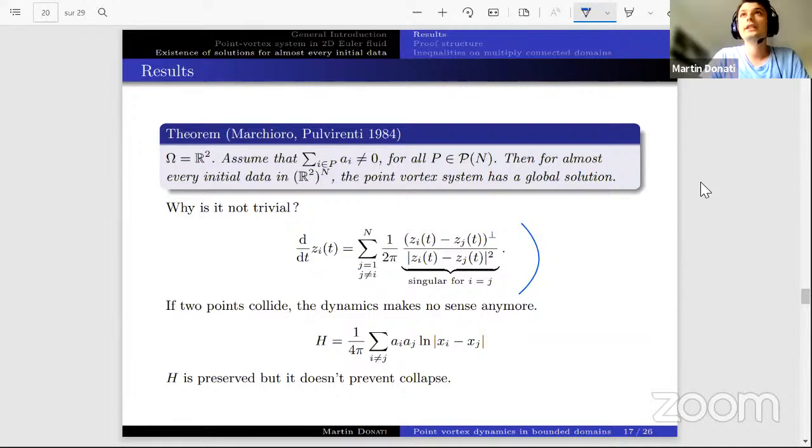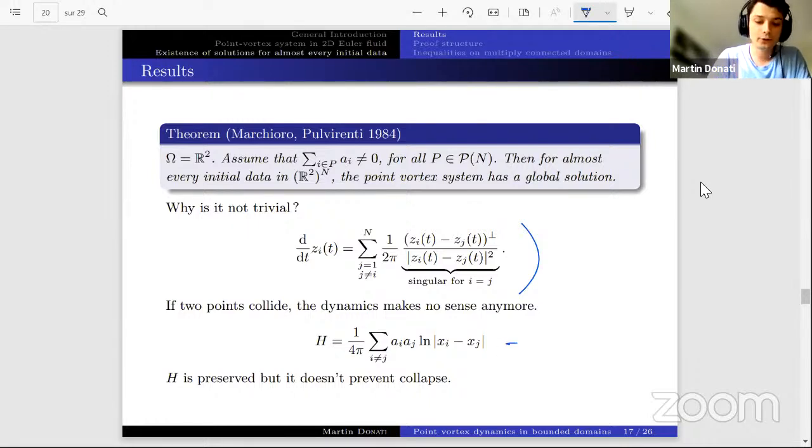And unfortunately, we have explicit examples for that. You can take 3 points and make them collapse in finite time. So it is sure that the point vortex dynamic does not always have a solution, but what is true is that it has a global solution for almost every initial data in the sense of the Lebesgue measure.